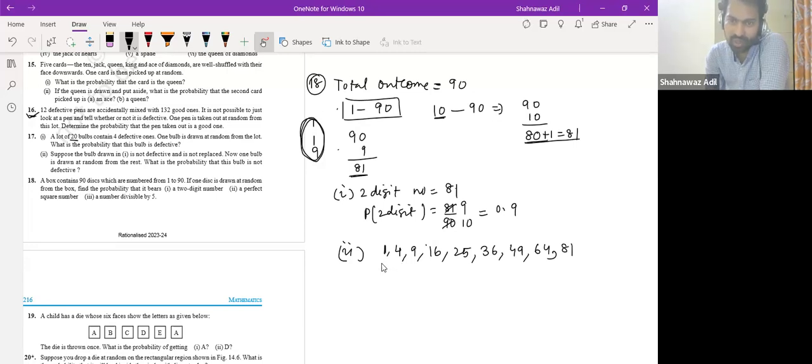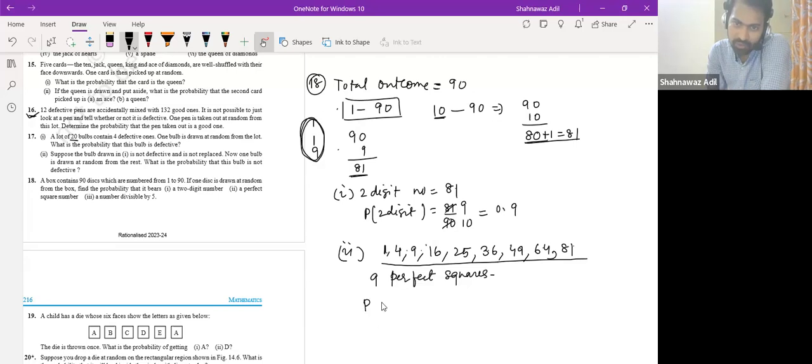Right? How many are these? 1, 2, 3, 4, 5, 6, 7, 8, 9. So we have 9 perfect squares. So the probability of a perfect square is 9 by 90, which is 1 by 10.